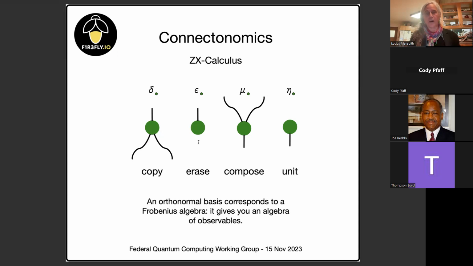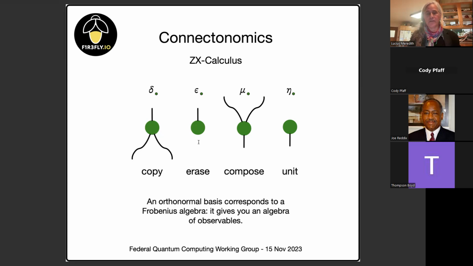With some arbitrary linear representation, you can't necessarily copy, right? Everyone knows there's the no cloning theorem and the no deletion theorem in quantum mechanics, so that's well understood. But it turns out that if you do have eigenvectors, you're perfectly free to copy and erase.